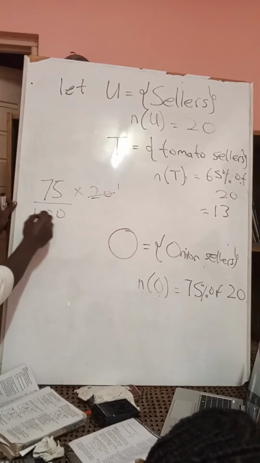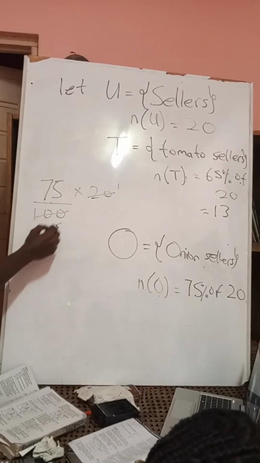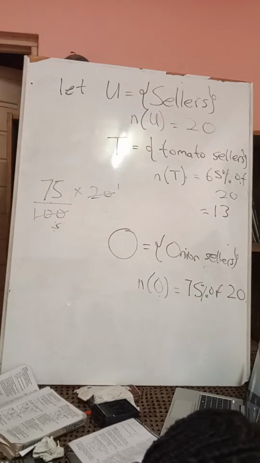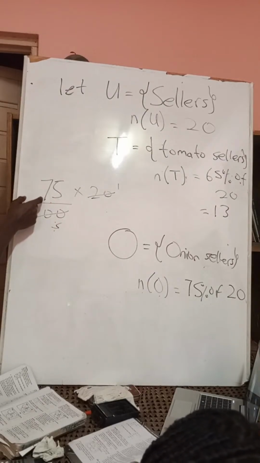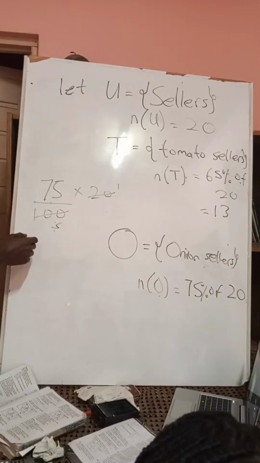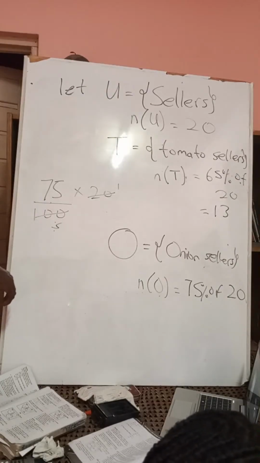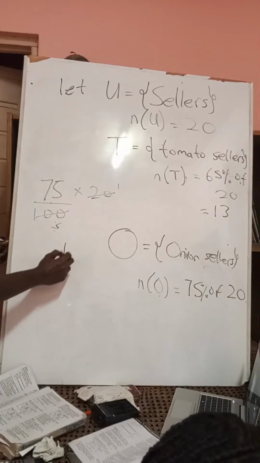This one divides itself once, it goes here 5. You'll be having 2 divided by 5. So how are we going to do it? By 2. So this one, what will be the answer? 75 by 2 is what? Then divide by 10 is what? That's all. So the answer is 15.